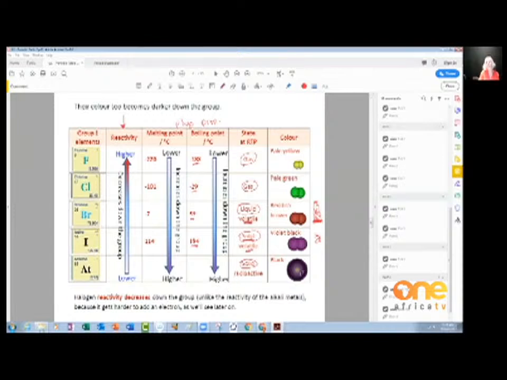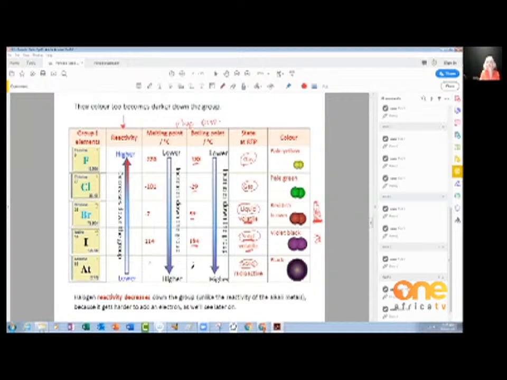And astatine is also a solid, very dark, nearly black. But you will never see astatine because it's so rare, and it's also dangerous because it's radioactive. Also, for astatine, we don't have values for melting and boiling points because scientists still study astatine, and we are not sure about those numbers.